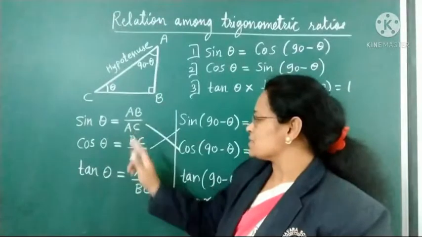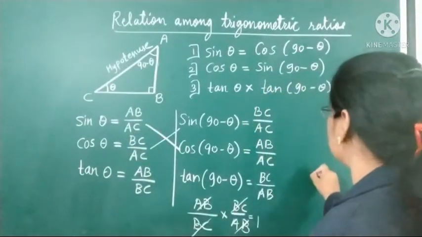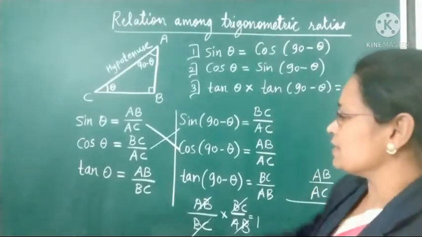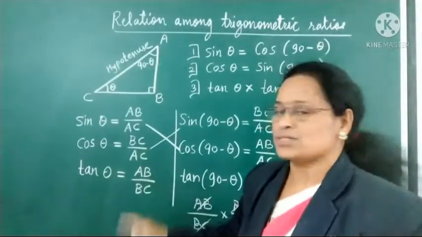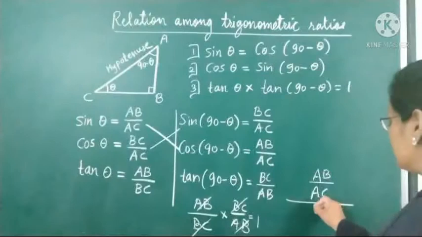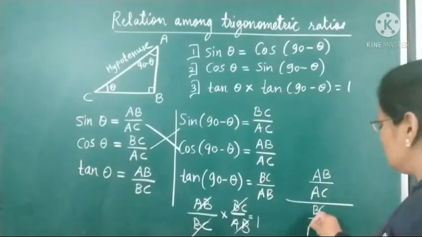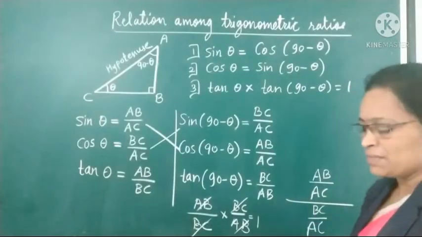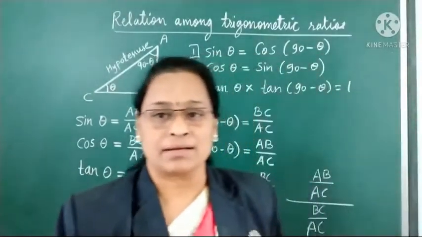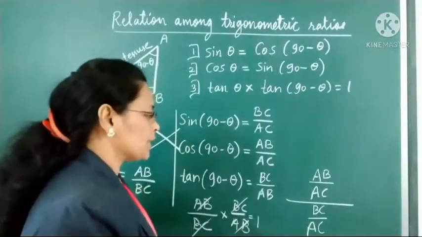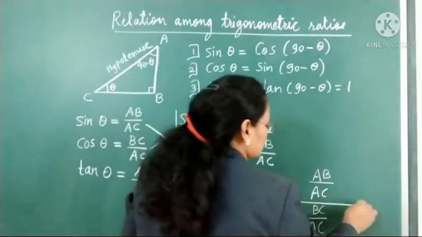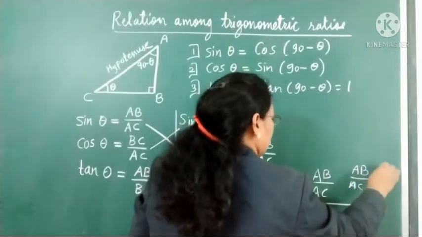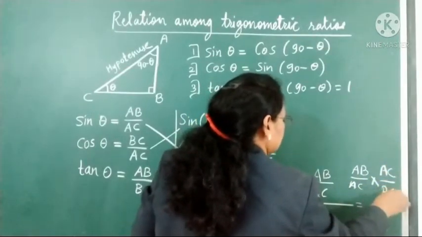Let's see, AB is to AC, divided by the cos ratio, BC is to AC. So I'll write here BC is to AC. How to divide it? Division means multiply by the inverse. So it will give us AB is to AC multiplied by AC is to BC.